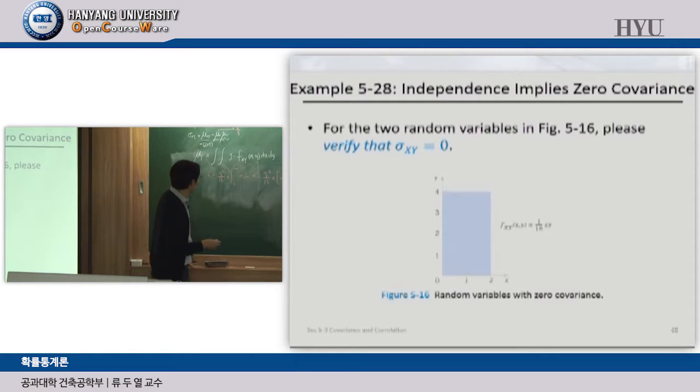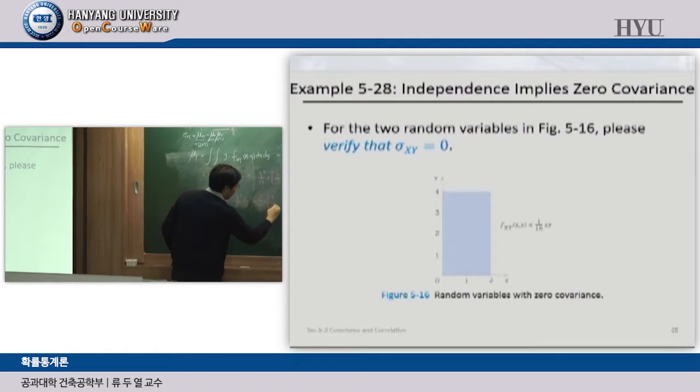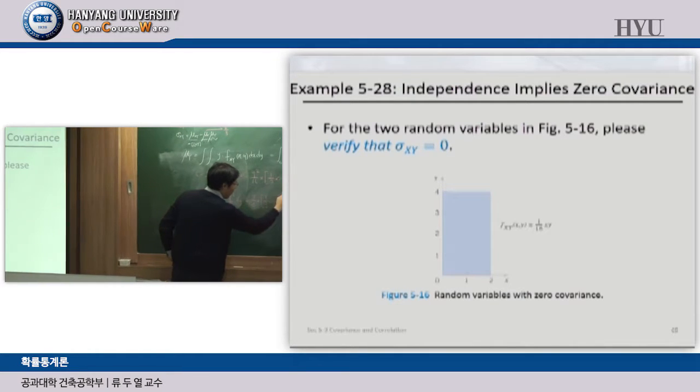So finally, the mu y is equal to the integration from 0 to 4 of y squared over 8 dy, and this can be 1 over 8 by 1 over 3 by y to the third power from 0 to 4.